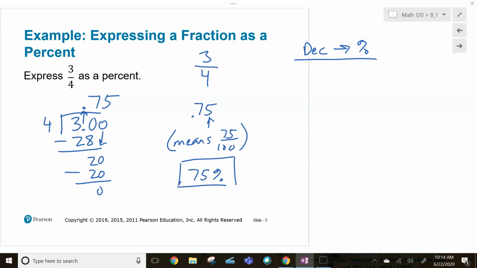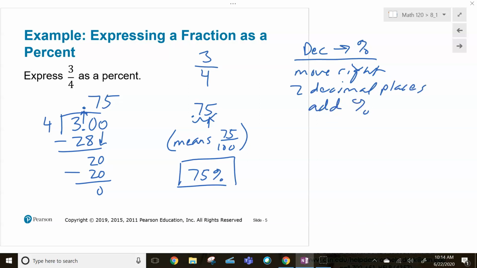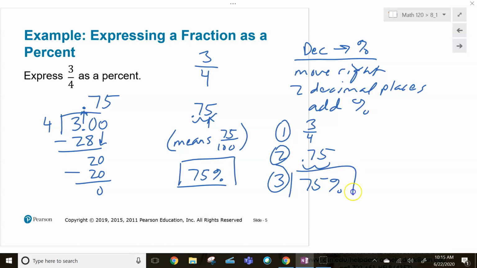So when you get a decimal, you move it right 2 decimal places and then add the percent on there. So from the beginning, we had 3/4. We got 0.75, so now it's a decimal, and we just move it over 2 decimal spots, so 75%.